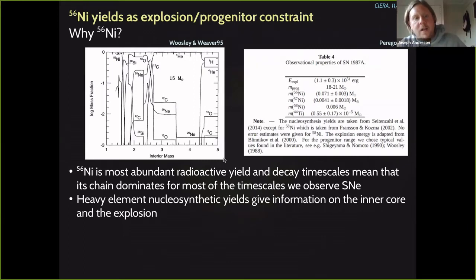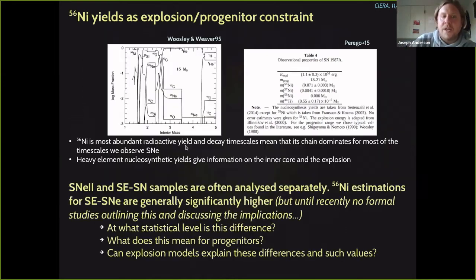So that's why nickel 56. And because we believe that core collapse supernovae produce so much nickel 56, we can use this as a tracer of heavy element nucleosynthesis in core collapse supernovae, and this can give information on the inner core and the explosion.